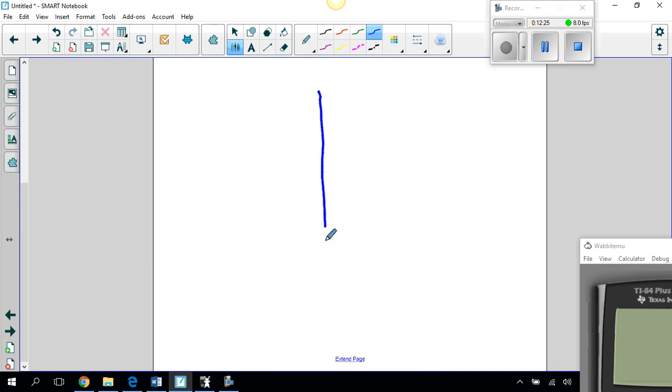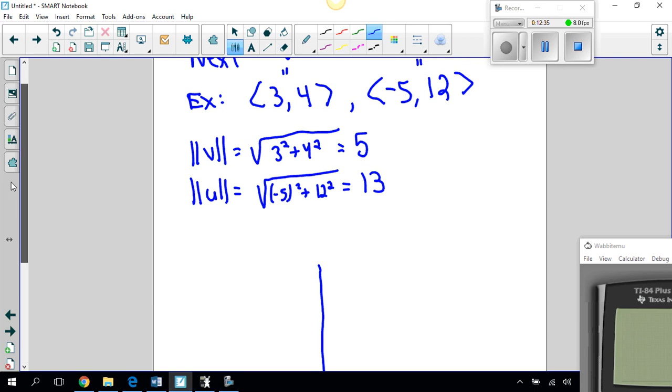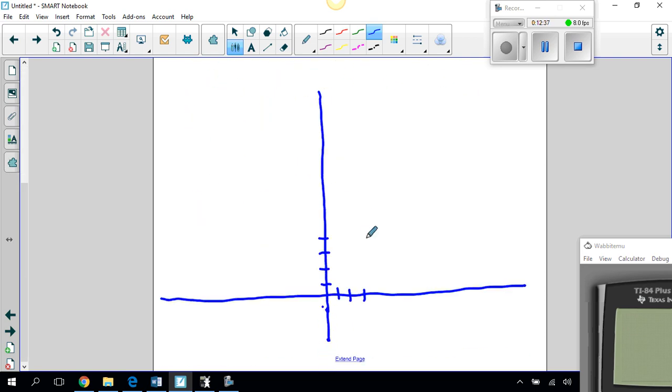Vector V is 3, 4. Then we plot vector negative 5, 12.